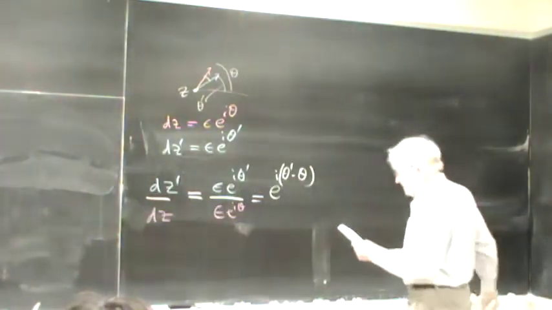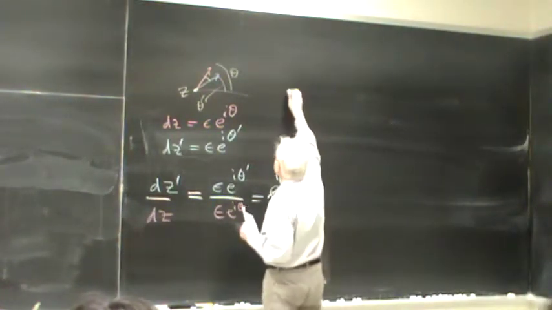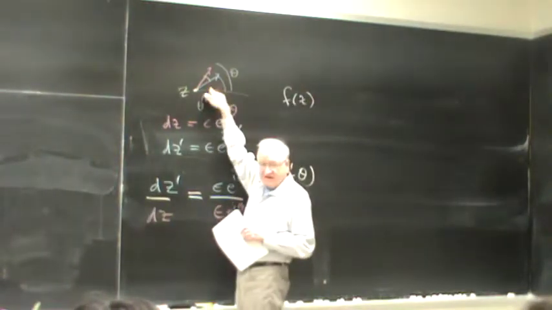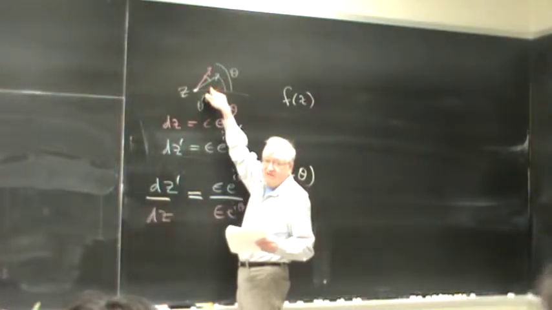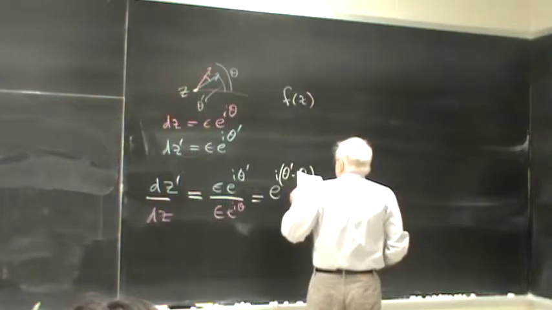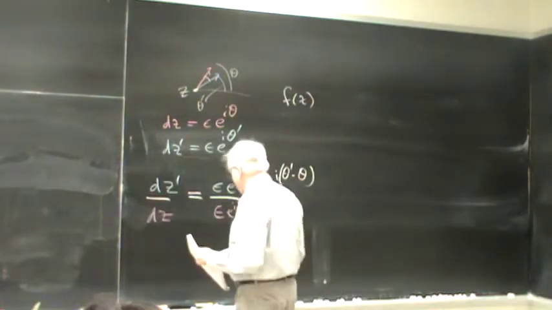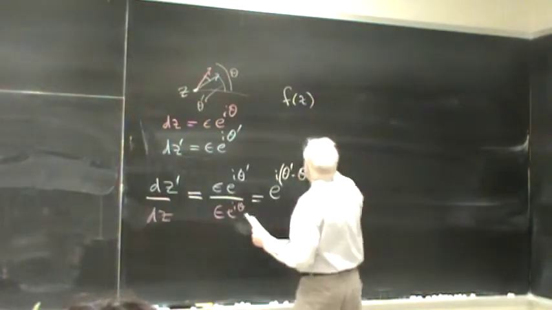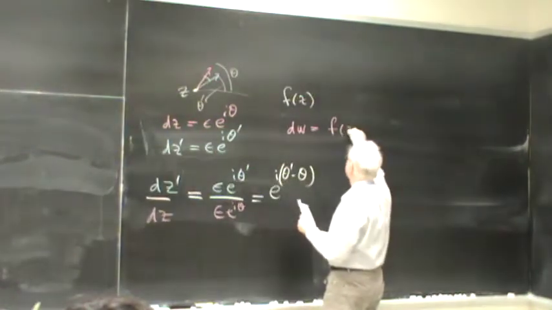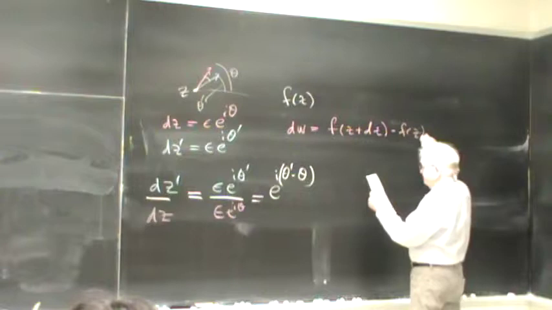And now the whole point is that a function f of z takes each of these tiny vectors into something else. It maps them into other tiny vectors. In particular, it maps them into dw, which is f of z plus dz minus f of z.